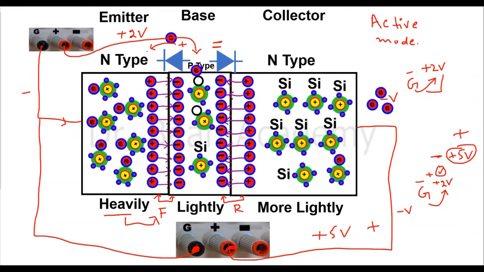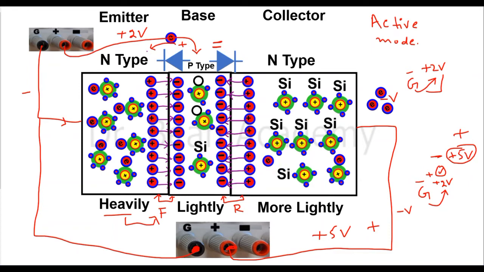And the reason that only a small fraction of electrons will take part in the recombination is the intelligent design. And that design is they make this base extremely thin. If it is extremely thin, electrons will not have enough time to recombine, and in fact, as soon as they enter the base, a large number of electrons will feel the push from this negative side, which is connected, towards the right side, and they will enter the collector.